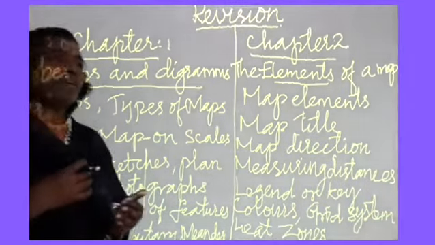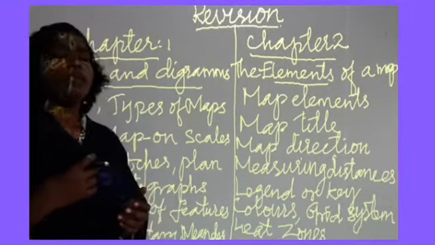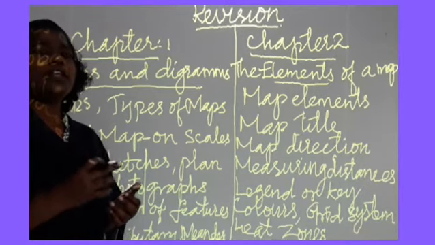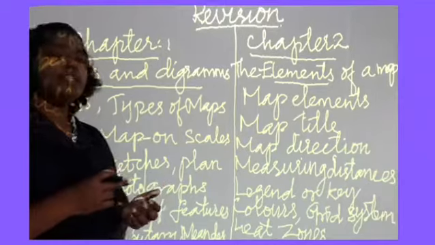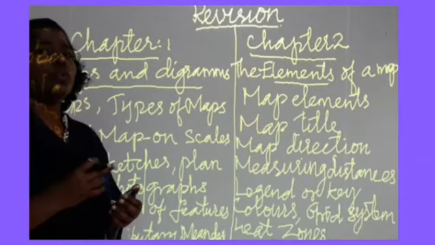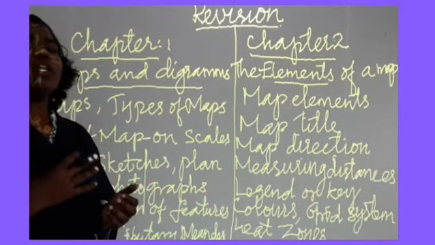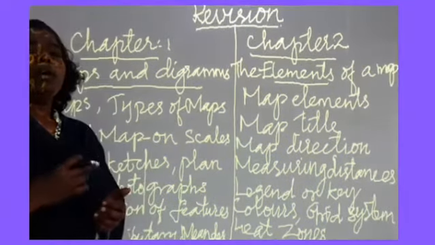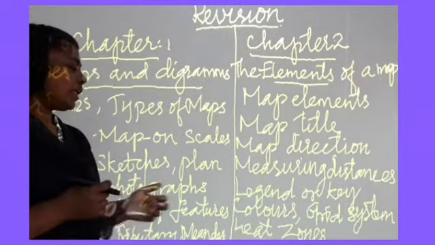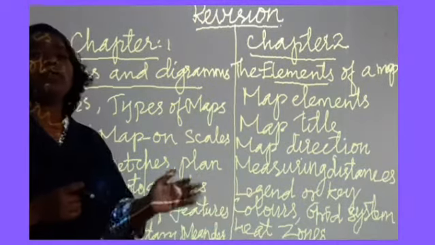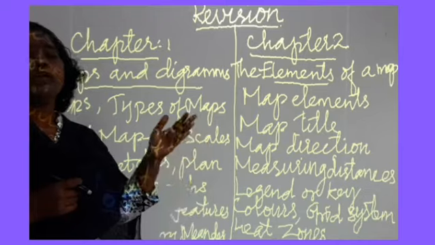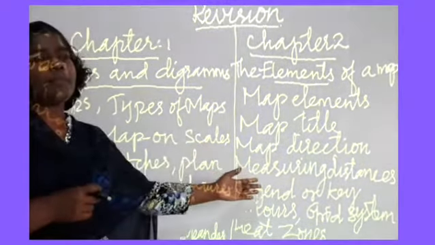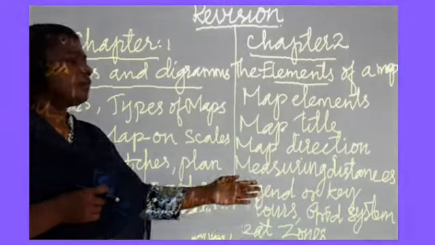For example, brown color is used for representing hills and mountains, yellow color is used to represent the desert, and white color represents barren land or uncultivated land. The blue color is used to denote the water bodies. All the water bodies are represented with the color blue.